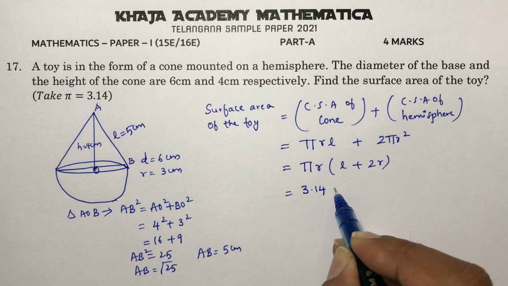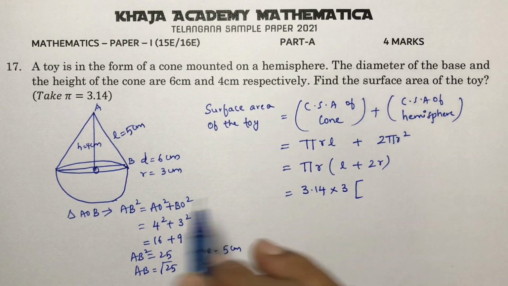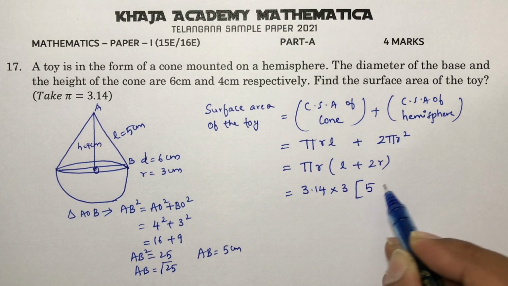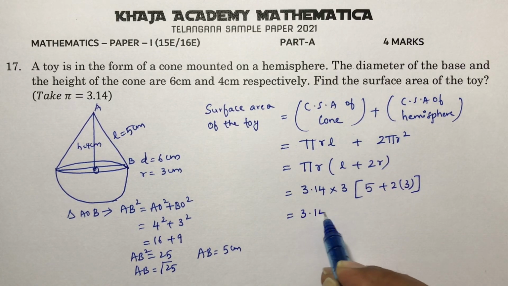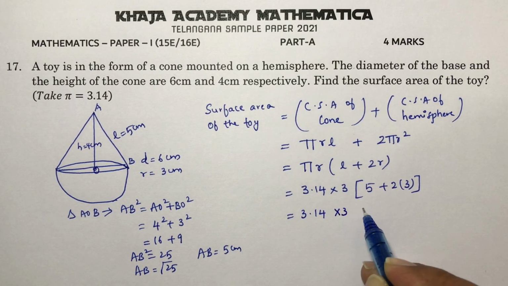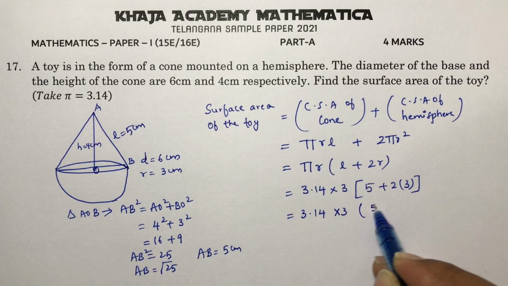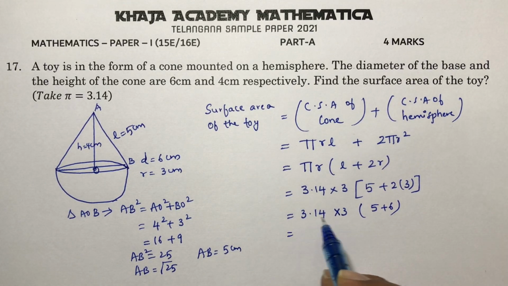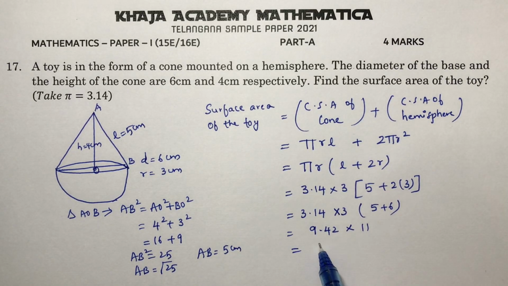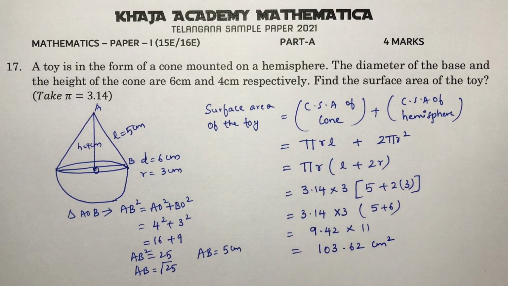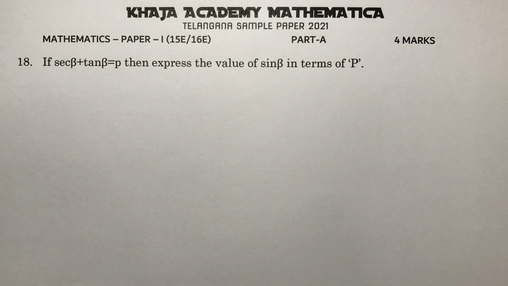So 3.14 into radius, radius is 3, into slant height 5 plus 2 into 3. 3.14 into 3 is 9.42 into 5 plus 6 is 11. So if you multiply this, 103.62 centimeter square.